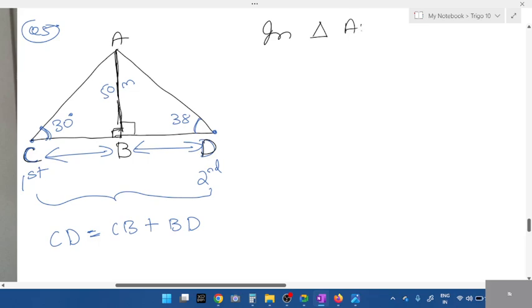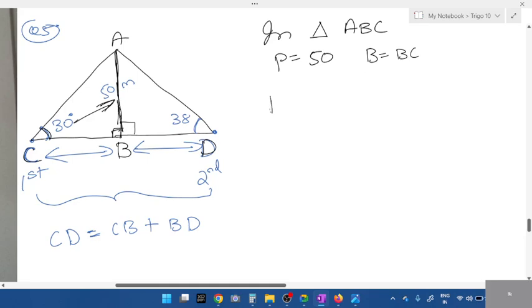In triangle ABC. In triangle ABC, which concept, students? With respect to angle C, what is perpendicular given? Perpendicular is 50. And what do we need to find here, students? AC or BC? What is required? The base. Base is equal to BC. Let me take base as BC.